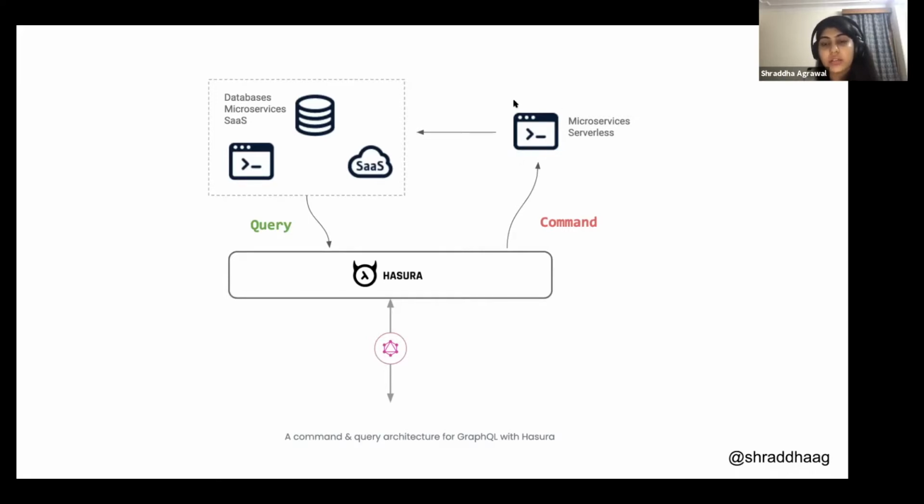Once that is done, the microservice or serverless function would update the database, would update the model of that specific view. And once this is done, Hasura would just query these updated models, along with stitching together all the rest of the fields that the user might have queried for from any of the other microservices or the database or SaaS, and then return it back to the user in a single query.